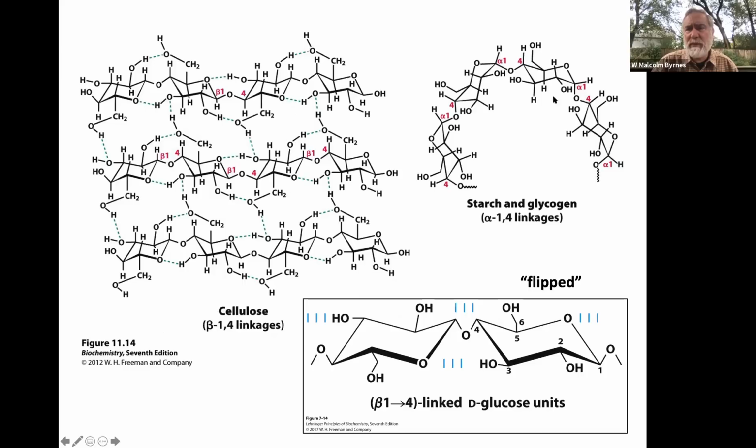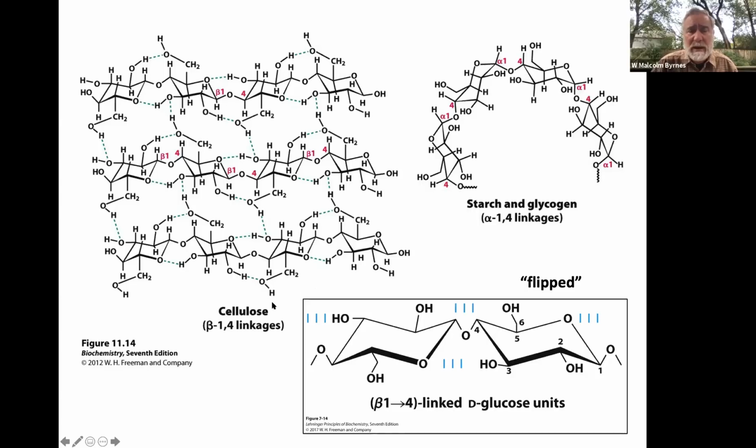Because of the alpha-1,4 linkages between glucose units, again, it has this curvature and forms a whorl-like structure. Whereas in cellulose, because every second residue is flipped relative to the one before it, the chains are straight and they are connected by these intra- and inter-chain hydrogen bonds that give cellulose a very high tensile strength.